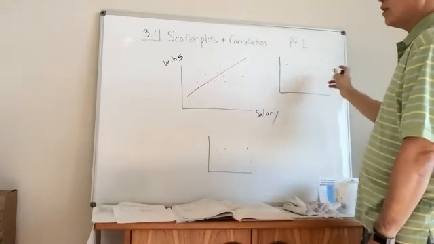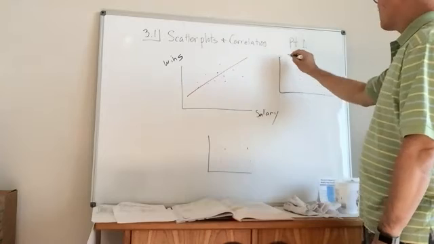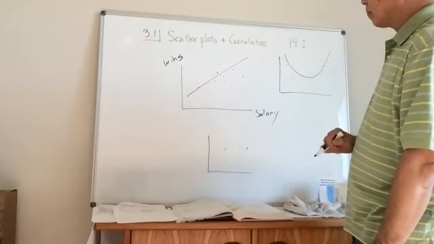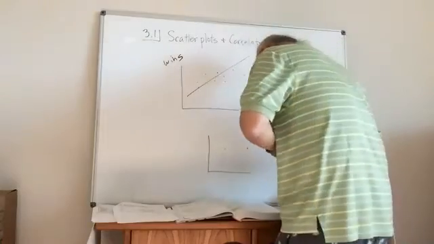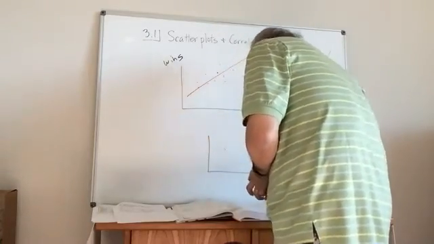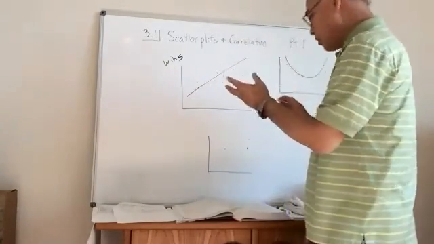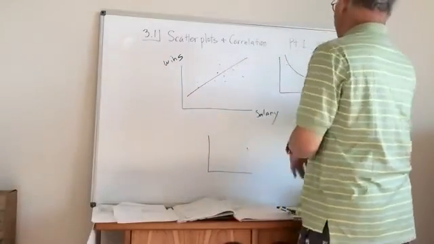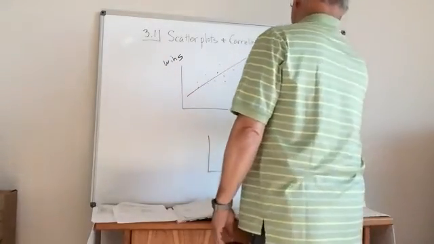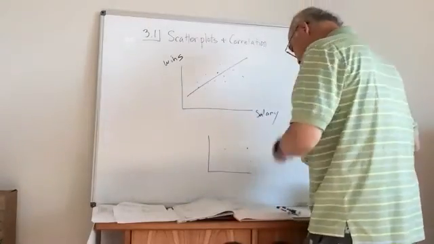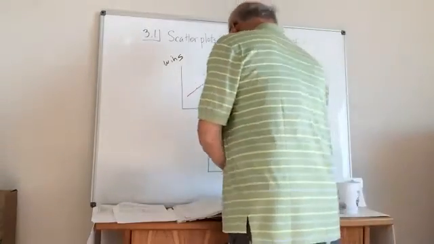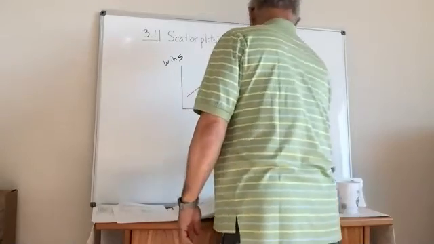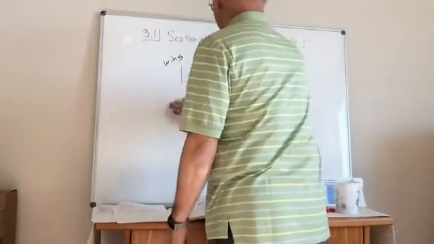This is not a linear relationship; it looks more like a parabolic relationship. So that's the form, whether it's linear or not. Then the strength: is it weak or strong? And then the unusual features. Are there any outliers? Those are the things you have to mention when you are asked to describe a scatter plot. So let's flip the page.